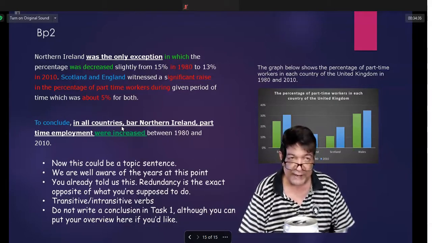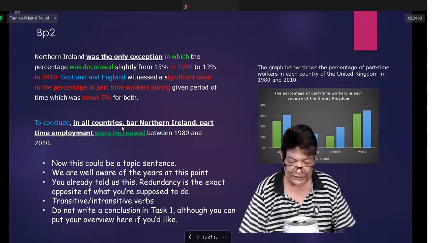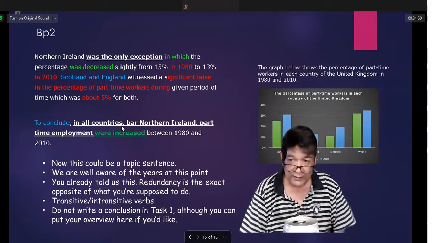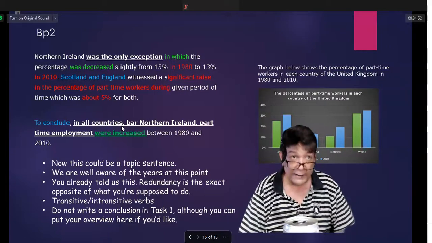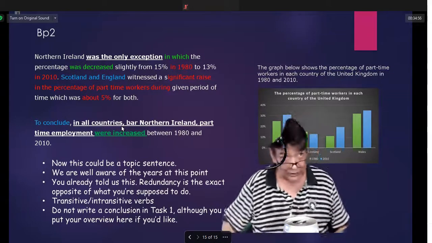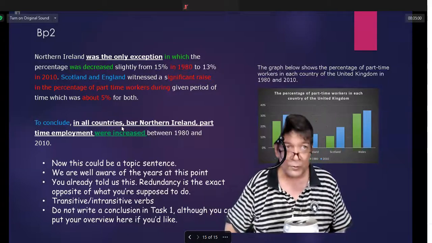So an overview should have 2 sentences. Overall, it can be clearly seen that the part-time employee rate was higher in southern parts of UK than the northern. In addition, all of the countries experienced an increase except for Northern Ireland.